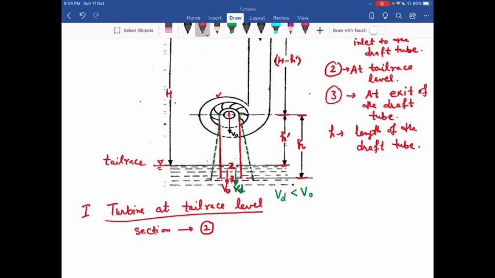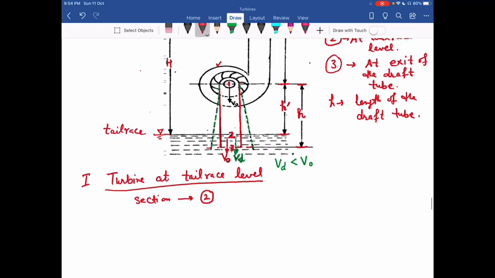At that time you can see the energy change in the turbine.